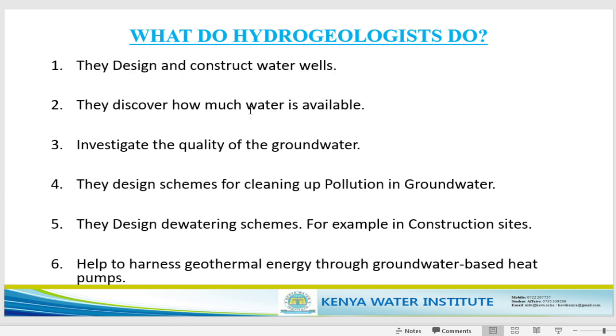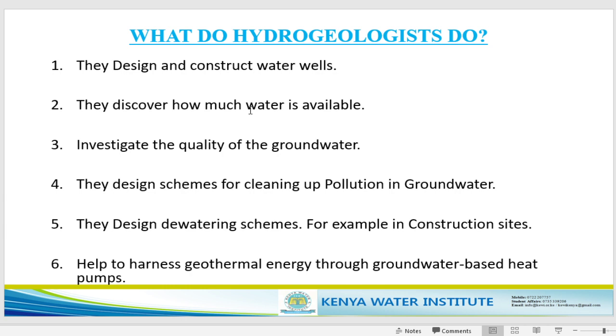Now, in some areas, geothermal is not available, but hydrogeologists can advise where to put some base heat pumps to heat the groundwater, to superheat the groundwater. Then that superheated groundwater can be tapped and used as artificial geothermal.